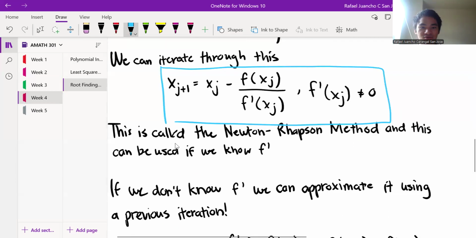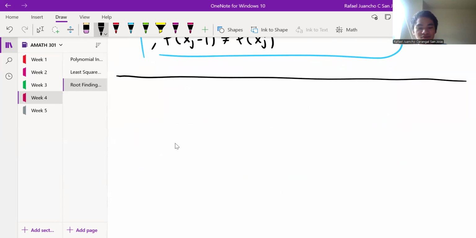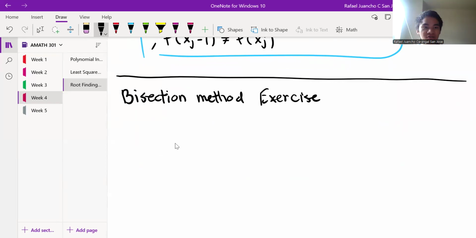Okay, let's do a quick example. I think I'll do it in code, but we'll see. So here's our exercise. I'm going to try one of these exercises.